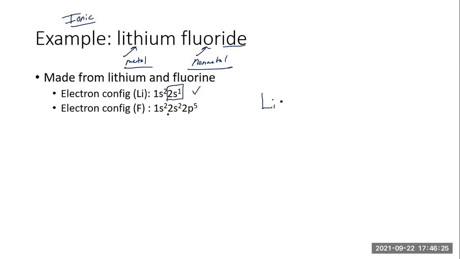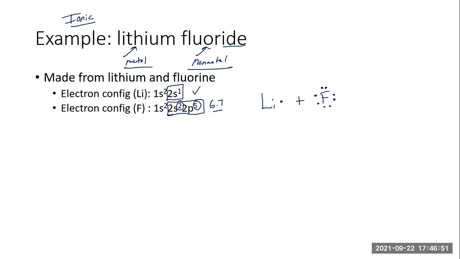Now, fluorine has 7 electrons in the second energy level. 2 and 5 make 7. That is also group 7 on the periodic table, which means fluorine will have 7 valence electrons to begin with.